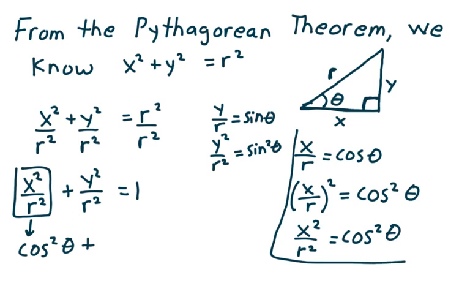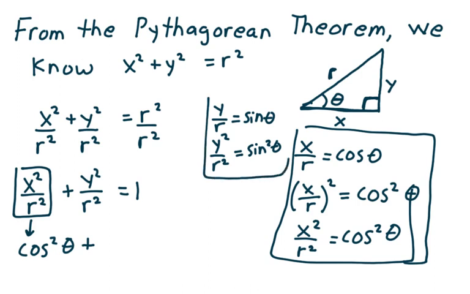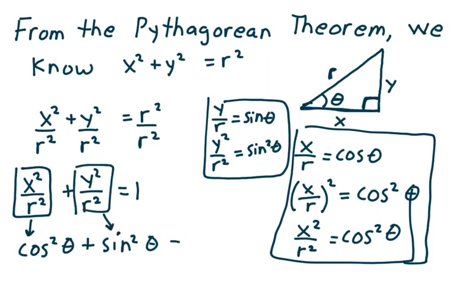So this is the one for cosine, right here. And this is the one for sine. Okay. So y squared over r squared is sine squared theta. And then we get 1 back. And this is our Pythagorean identity.